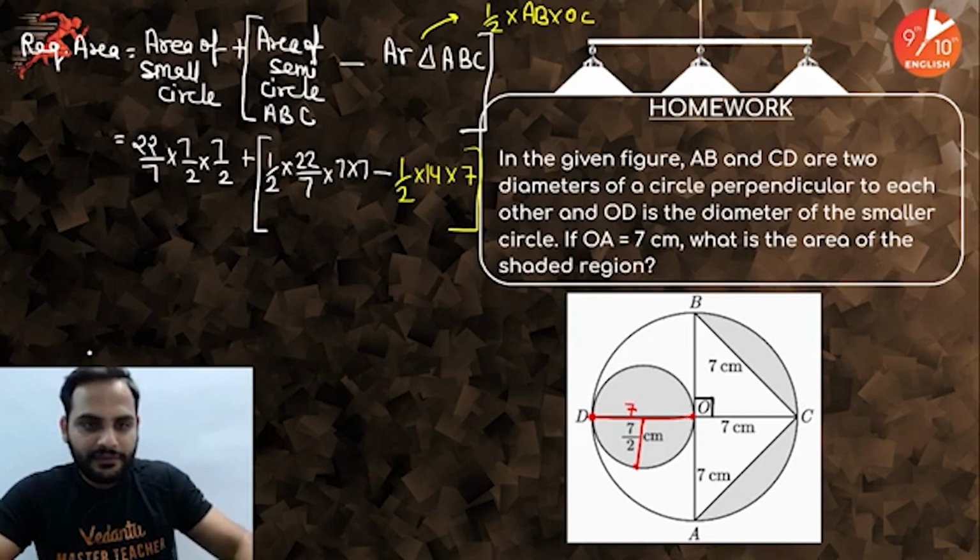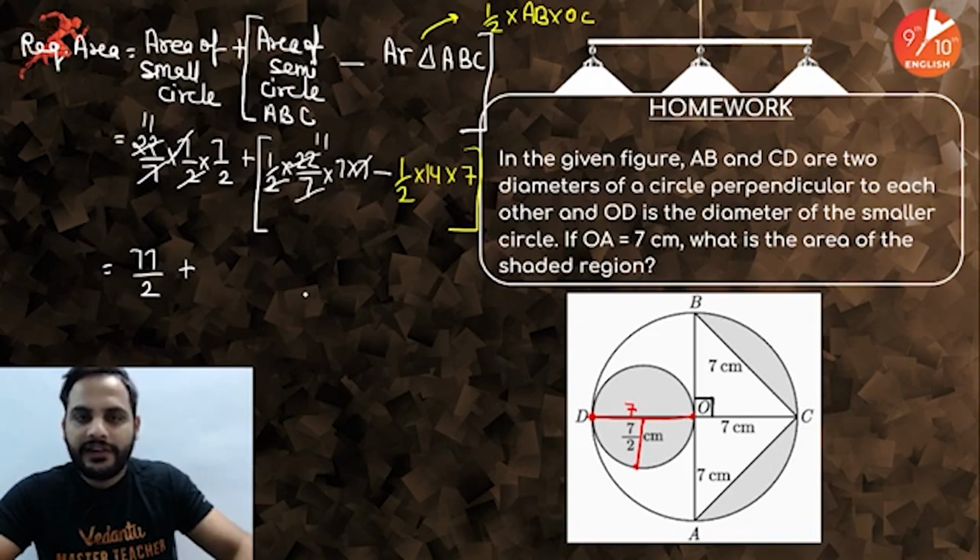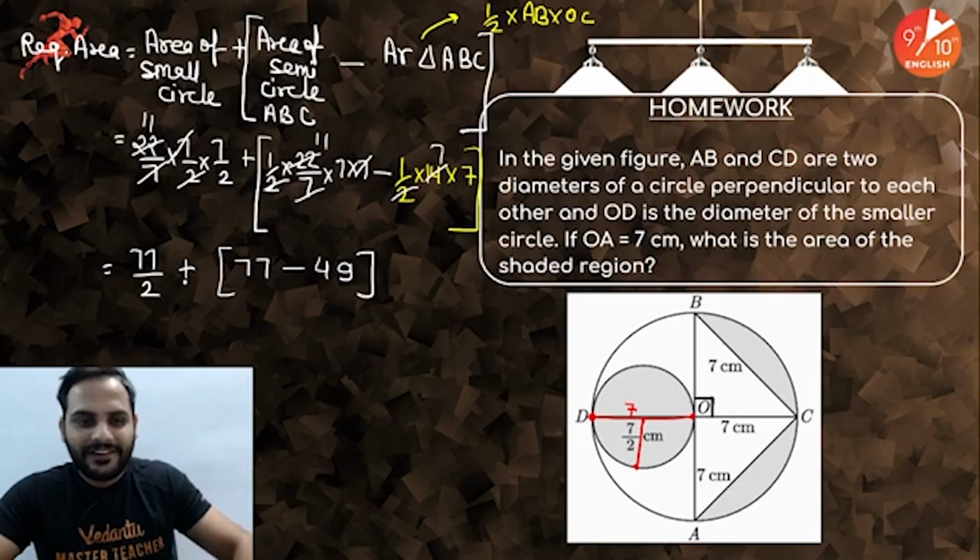If I simplify, 7 and 7 get cancelled, 11 times 11 into 7, 77 by 2. Plus this is 11 times, this is 7 times, 7 and 7 cancelled, 11 into 7 is 77, minus 2 sevens are 49. So 77 by 2 will be equal to 38.5, plus 77 minus 49.